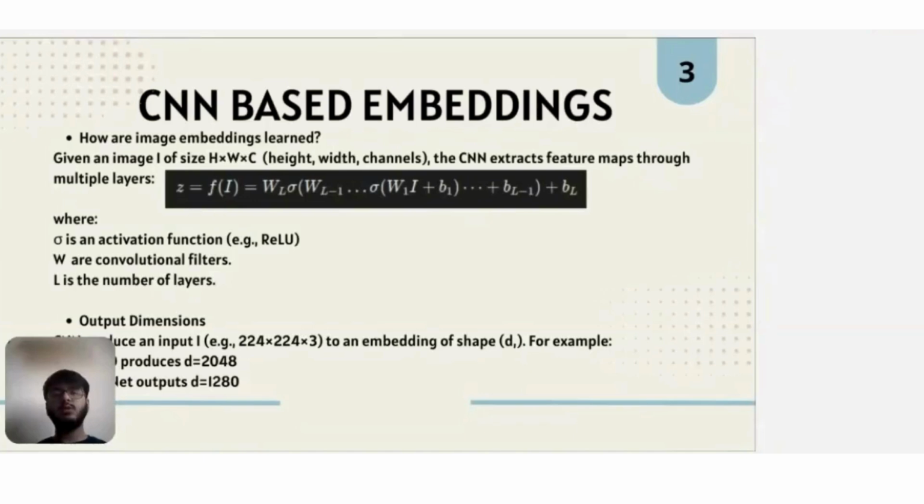We basically flatten it out to get a linear array, or a vector in our case, and we pass it through a linear layer to get the embeddings that we call d-dimensional embeddings. It can be 2048 dimensional embeddings, or 1280 dimensional embeddings, or anything based on our neural network architecture.